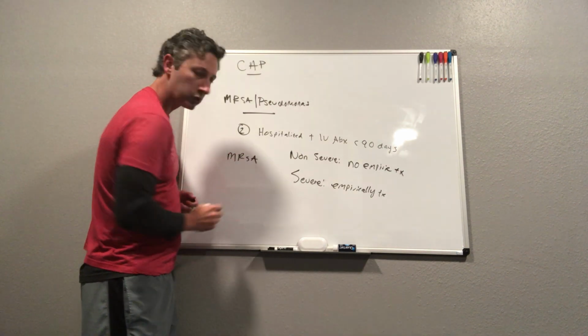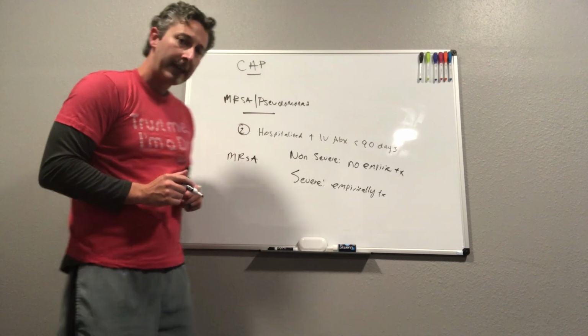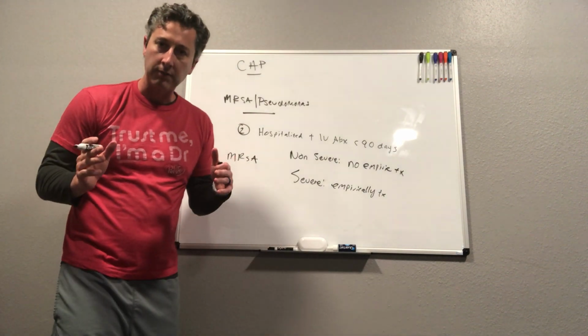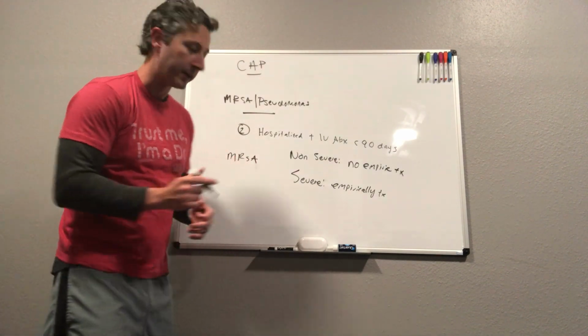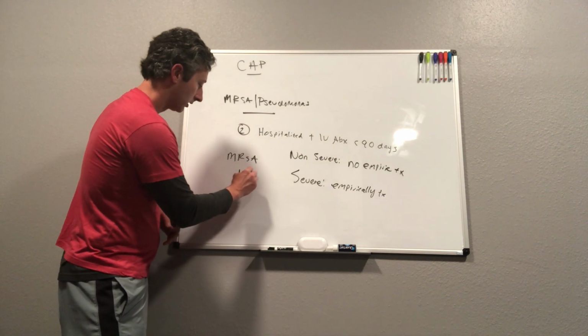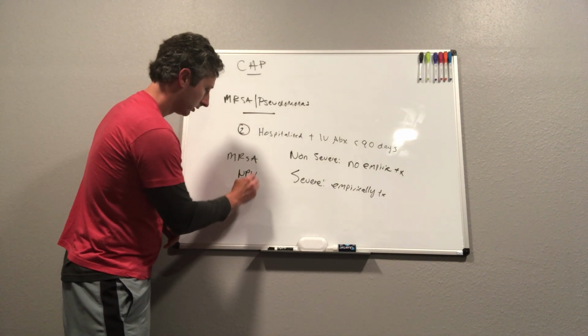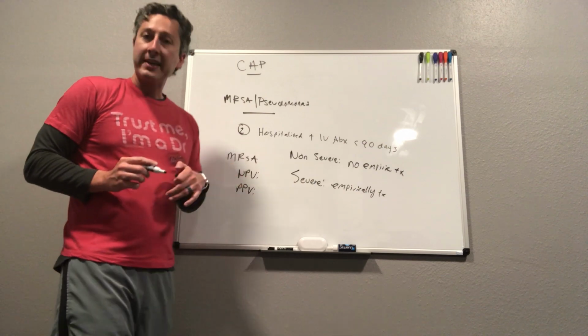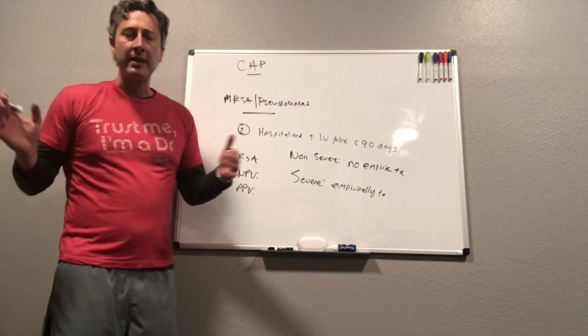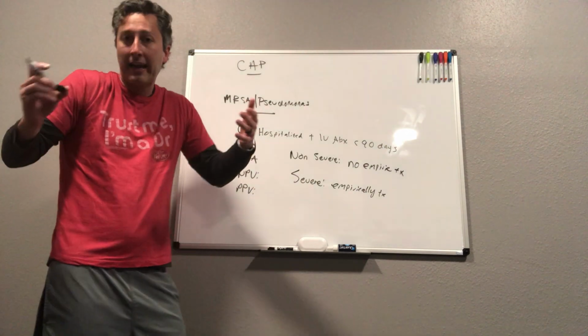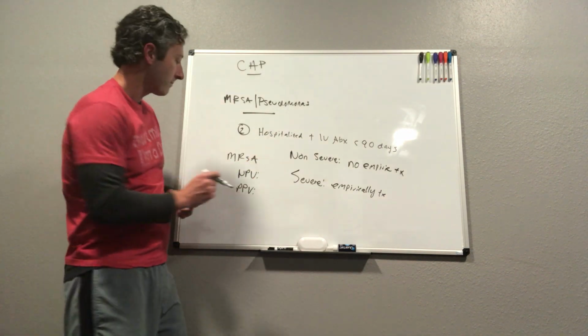This MRSA nasal swab, I want you to understand, we have to look at it in terms of negative predictive value and positive predictive value. So negative predictive value. If I'm saying this, what am I actually meaning? Well, if it's negative, what is the likelihood that I don't have this infection, right?